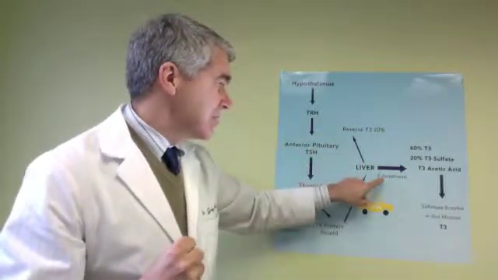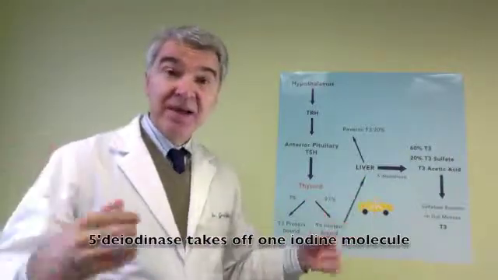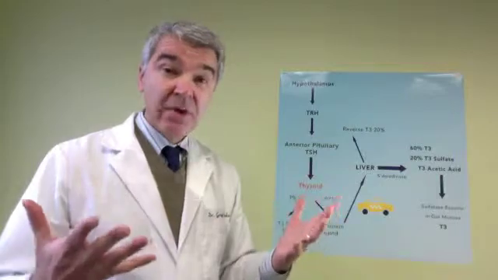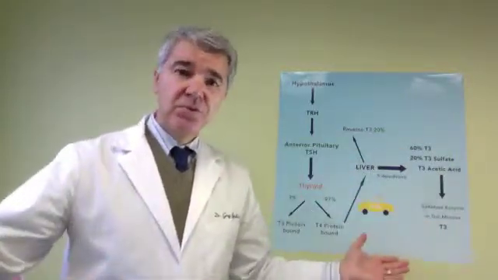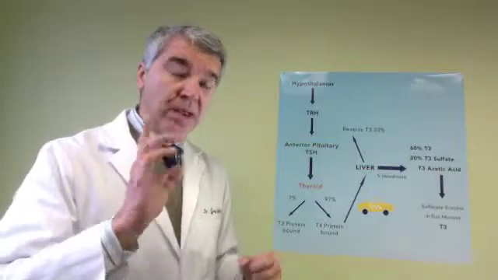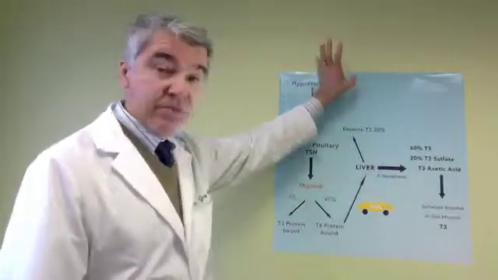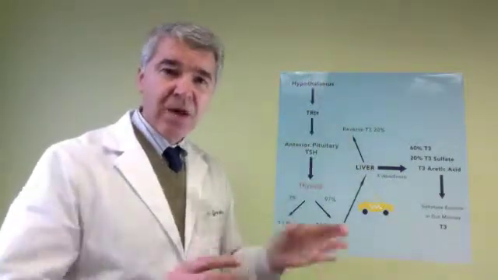It's taken off by something called 5' deiodinase, basically taking the iodine off of it. And that makes it T3, which is the active form of thyroid hormone. Then it goes to the rest of the system and does what it's supposed to do. The other piece, called reverse T3, is sort of given away and put into the back end of the system and reprocessed.